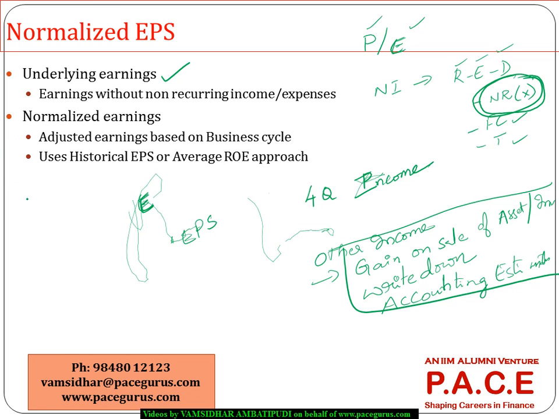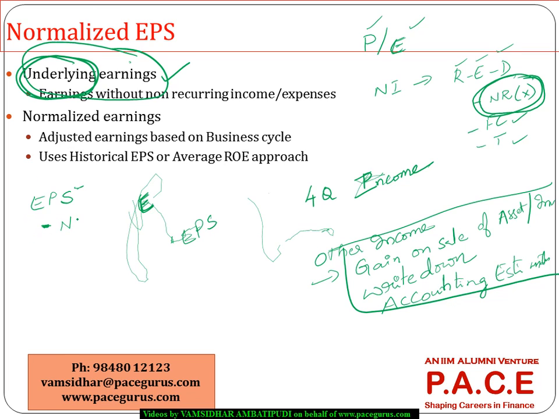So what people suggest is, as a part of the normalization process, first understand what are these underlying earnings. The regular earnings per share is what we are getting from your income statement. But when I use the word underlying earnings, we are referring to the subtraction of all the non-recurring revenues.